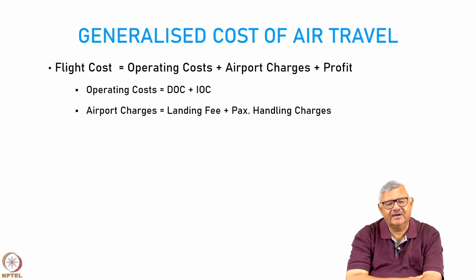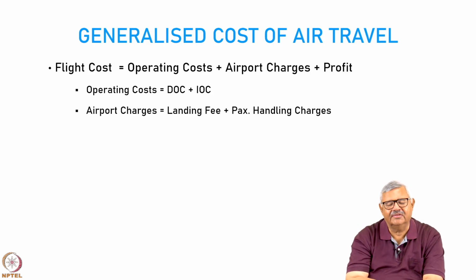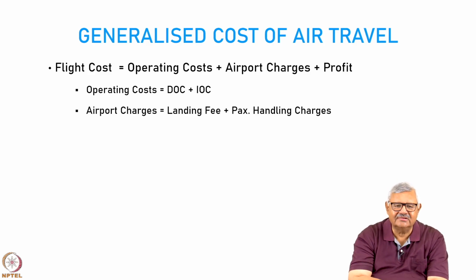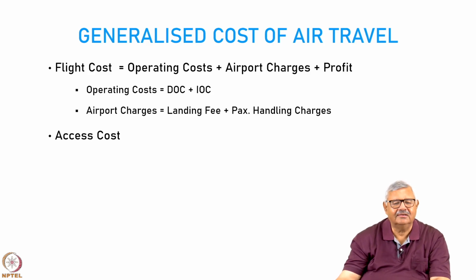So at some airports there are different formulae, and we have a separate lecture on the components of the DOC and how they are estimated. But here I would like to just say that some part of the airport charges are already a part of DOC actually. But just to understand, airport charges that we normally pay are the landing fee and the passenger handling charges, right. Then as I said, there is an access cost, that means the taxi fare that you pay to reach. Then there is a time cost.